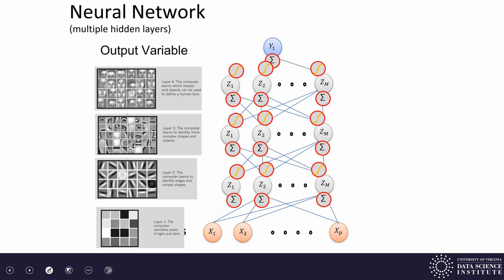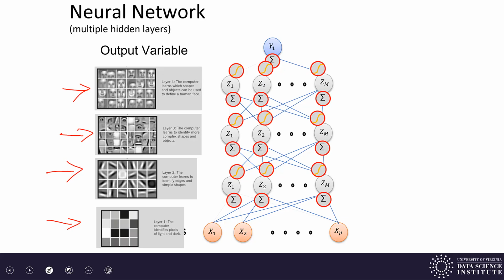And so the first input are the individual pixel brightnesses. The second layer is looking at some fundamental shapes or pairs of stripes in different orientations. The third layer tends to be acting on pieces of faces, and then the fourth layer or last layer might be acting on portions of faces.